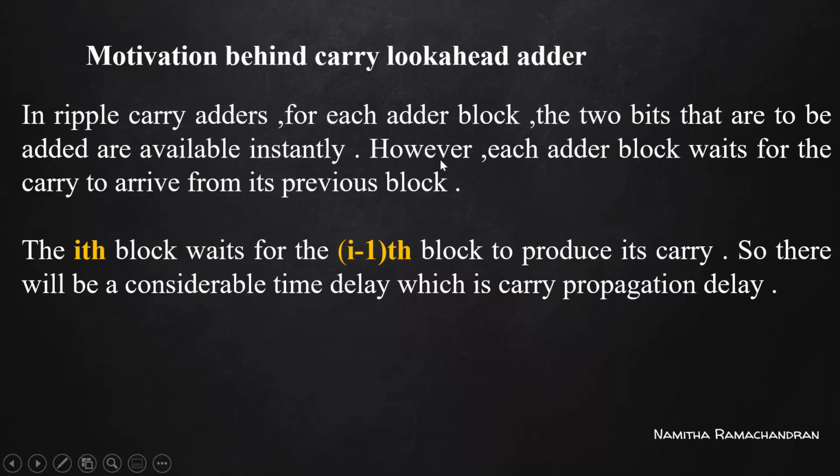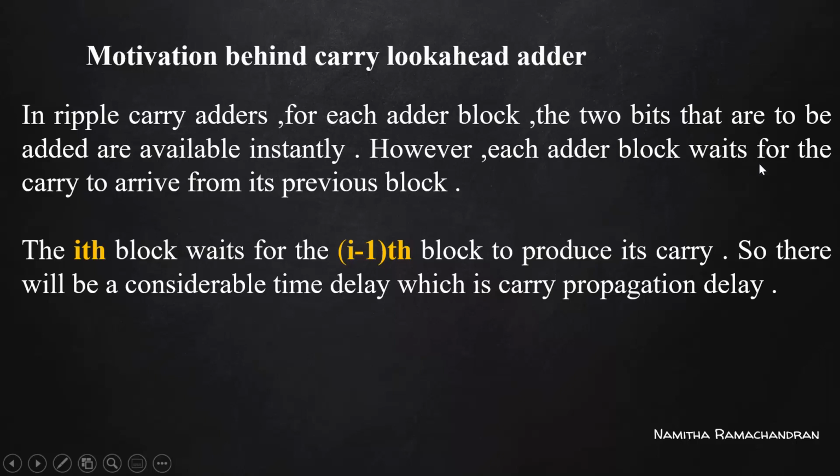In this, for each adder block, the two bits that are to be added are available instantly, like A0, B0, A1, B1, A2, B2, A3, B3, up to An, Bn. These binary inputs are directly available to each and every full adder block.